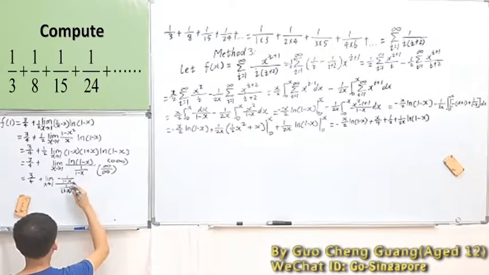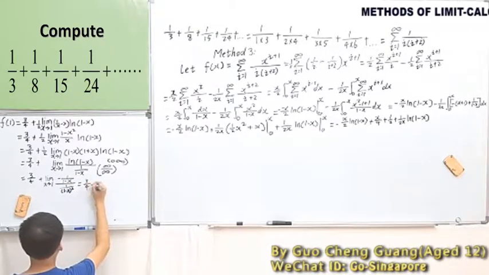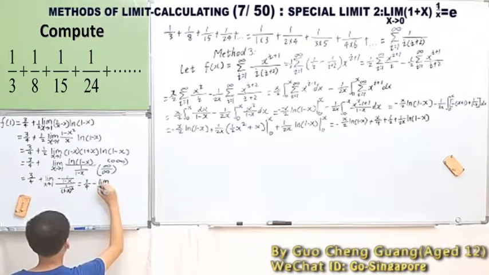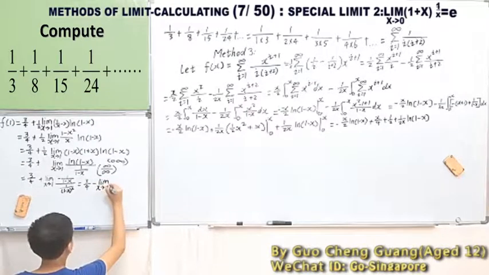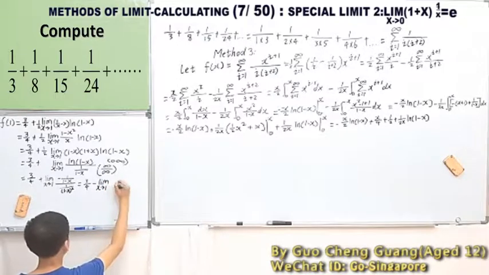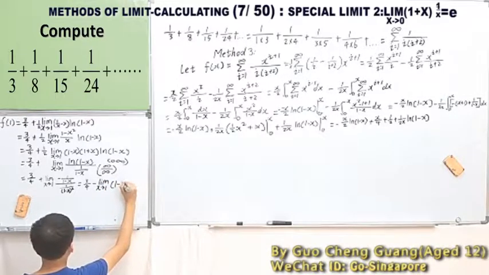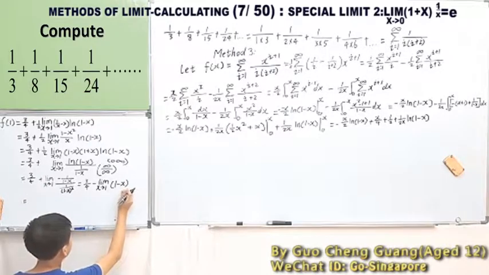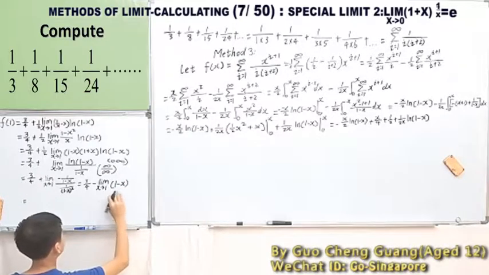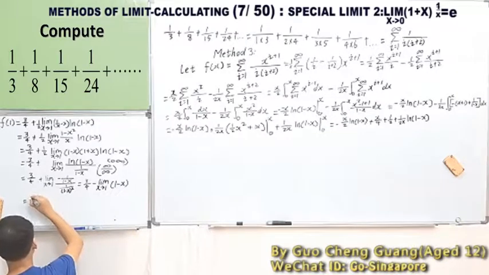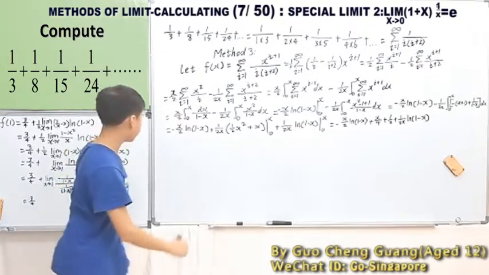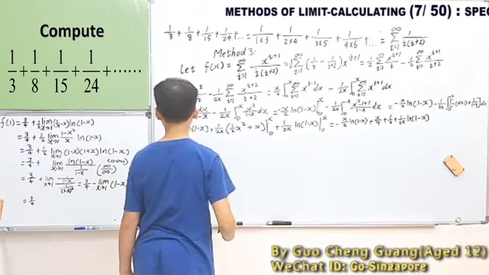And then like that, you can simplify. So this is a 3 over 4 minus limit x approaches to 1. Then bracket 1 minus x. Then at this part, you can sub it in and it becomes a 0.